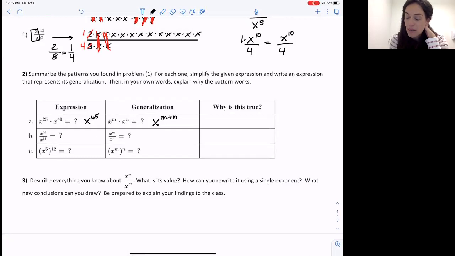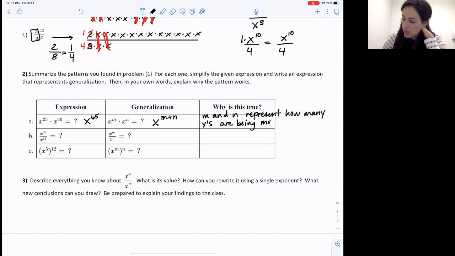So when I'm multiplying them together, I can just add how many x's are being multiplied. Okay, I don't have enough room here. I'm just going to write that. So total is m plus n.